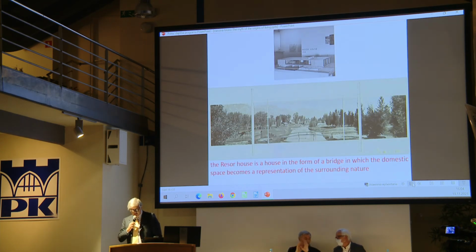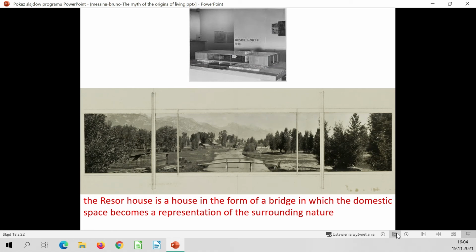Mies investigates the reason for living through some foundational actions: enclosing, covering, lifting, or connecting, as in the case of the project for the Resor House, a house in the form of a bridge, in which the domestic space becomes a representation of the surrounding nature, so revealing the intention of the place in the Heideggerian meaning.